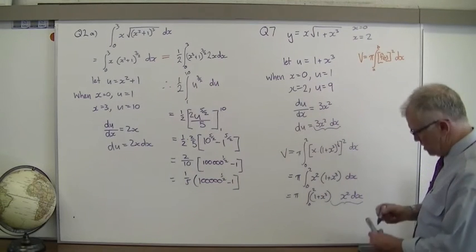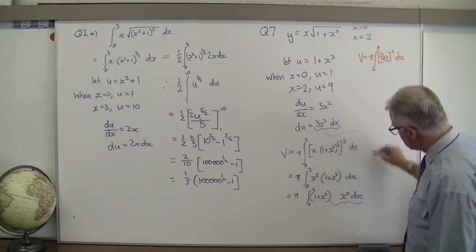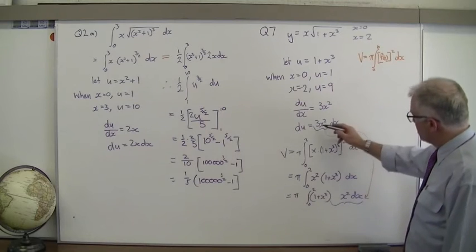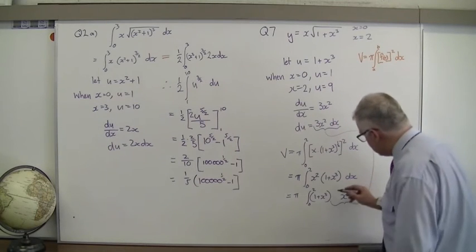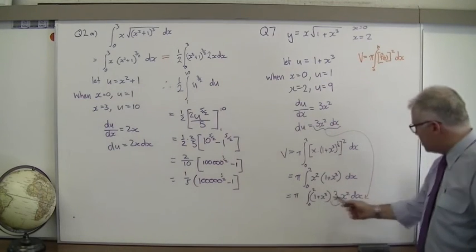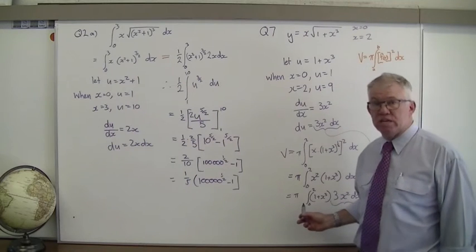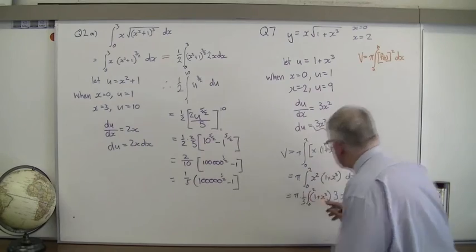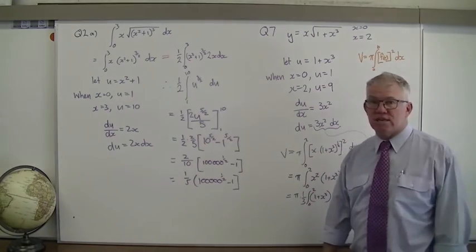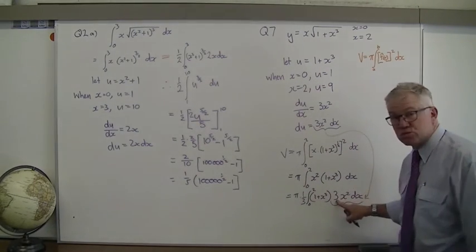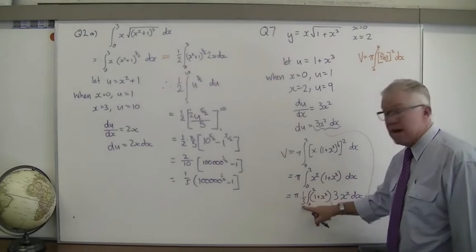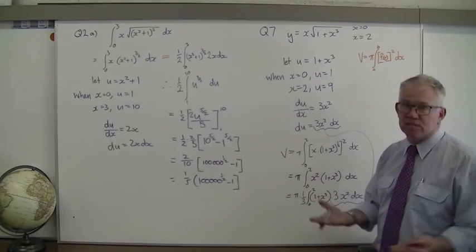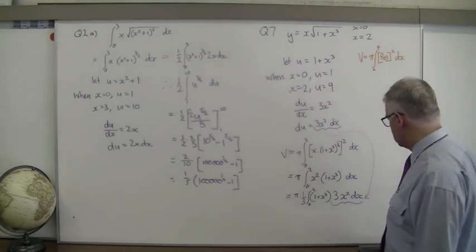Now what I want is for this whole bit here to look like that whole bit there. Those two things need to look the same. So I'm going to put a 3 in here, but I've just made that whole expression 3 times bigger than it originally was. So I put a 1/3 out the front, which brings it back down to its same numerical size.